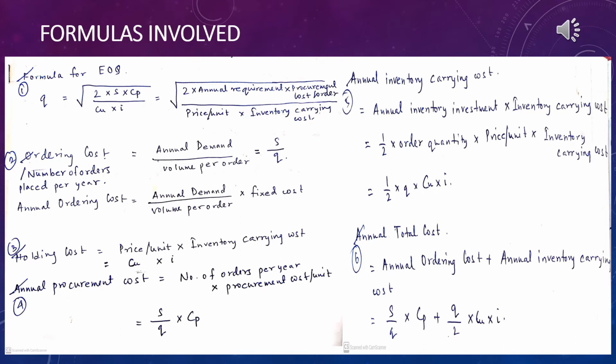The procurement cost is clearly given as 36 per order. Per unit cost or CU has also been given as 25. Coming back to the inventory carrying charges, which are computed at 1.5% of the average inventory investment.